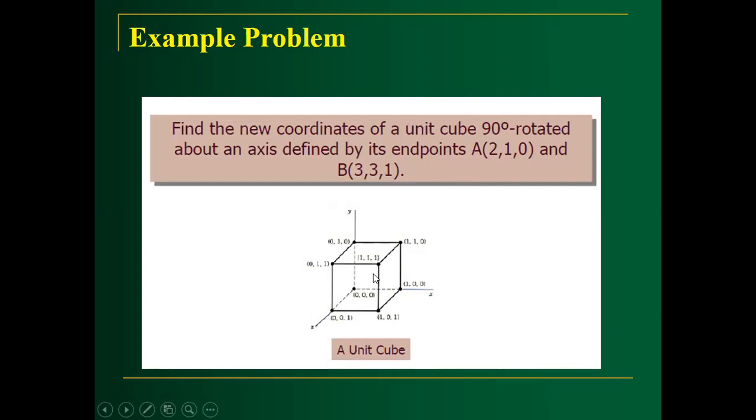Arbitrary axis is 21, that is you can draw a line somewhere here. P1 is 210, P2 is 331. Now tell me, first step, P1 is 210, right? So you need to take 2 rupees, take 1 rupee, take 0 rupee, subtract it, such that 210 will now come to 000.